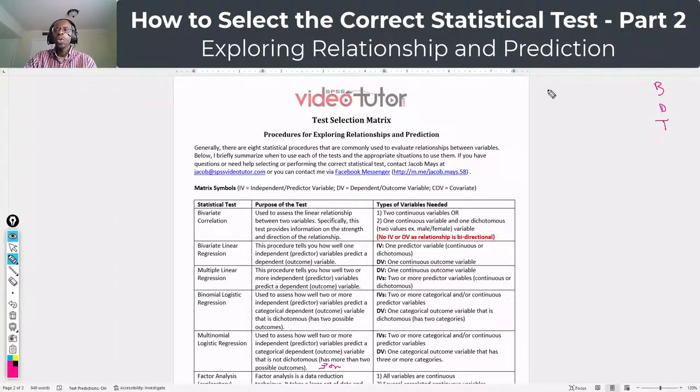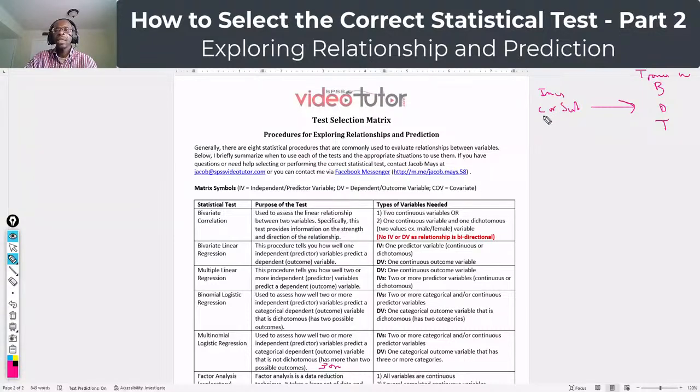So let's say we're trying to determine, transportation is your outcome variable, transportation to work. And you're trying to predict whether someone takes the bus, whether they drive, or whether they take the train. So you might look at their income. You might look at where they live. Do they live in the city or the suburbs?